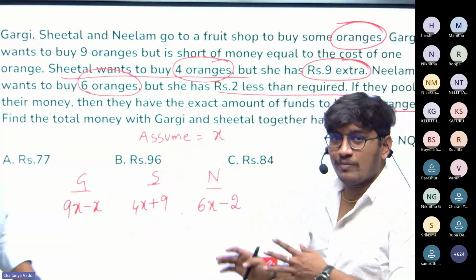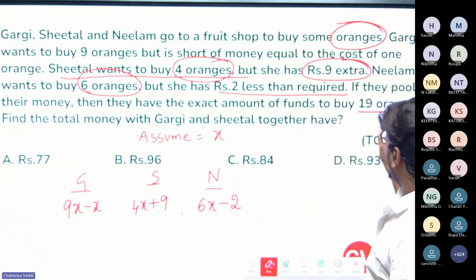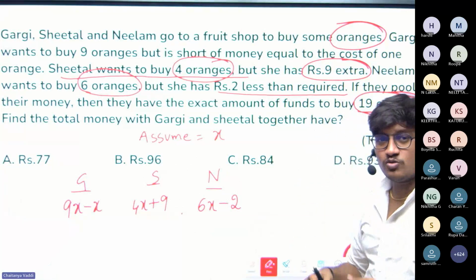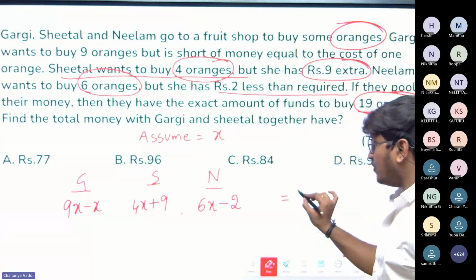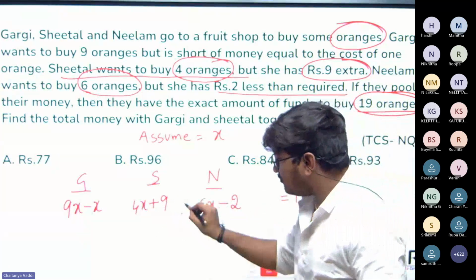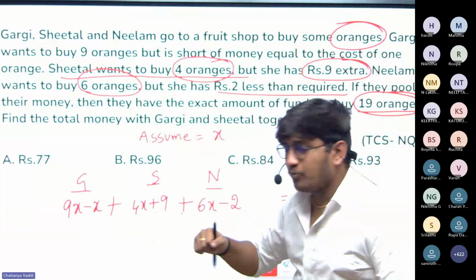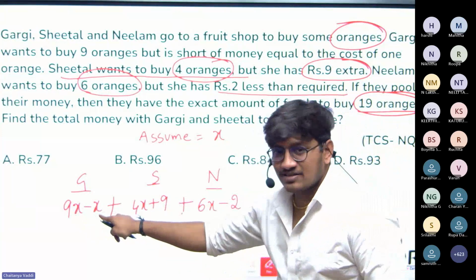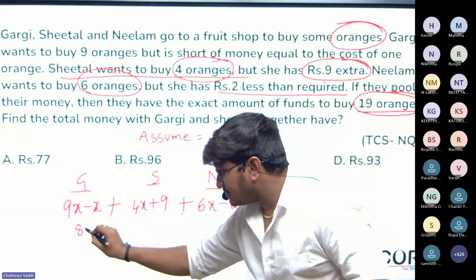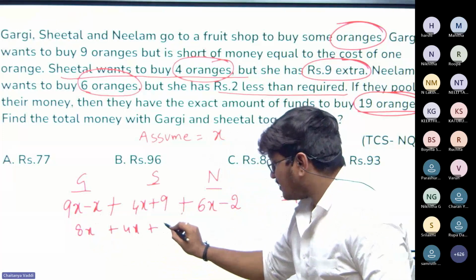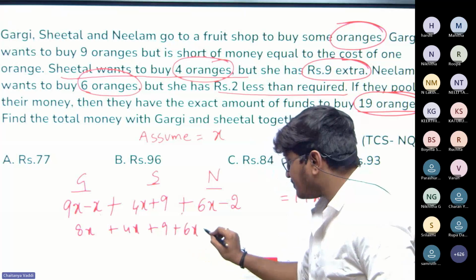Now the condition they have given is that if they combine all the money they have, they can buy 19 oranges. If they want to buy 19 oranges, they should have 19x rupees, correct? So we combine all the values: 9x minus x, which is 8x, plus 4x plus 9, plus 6x minus 2.